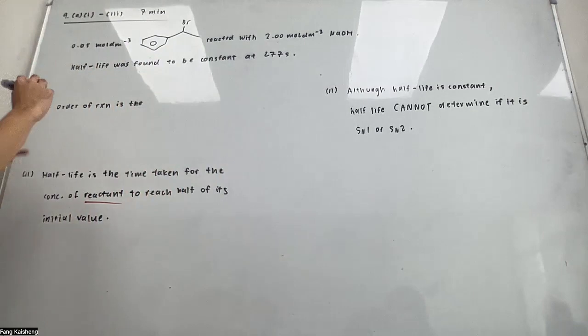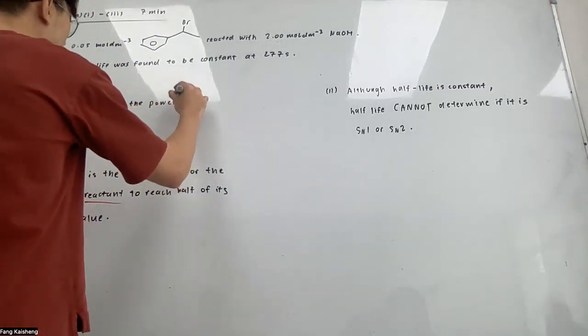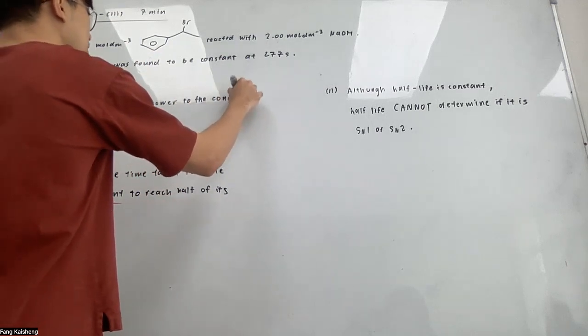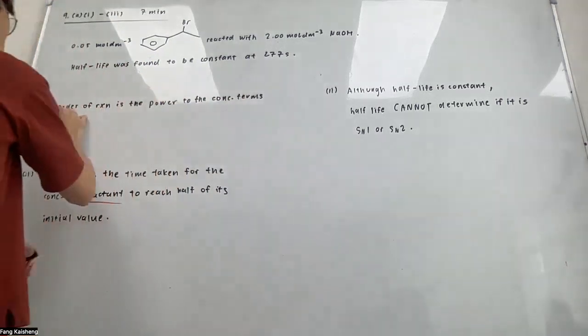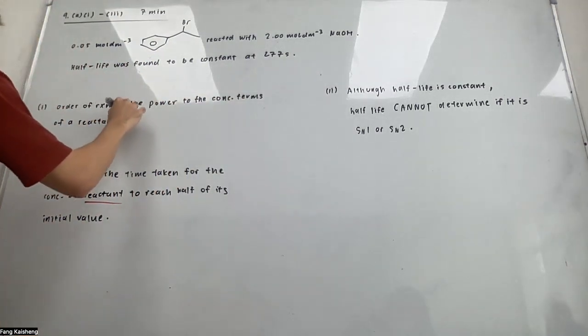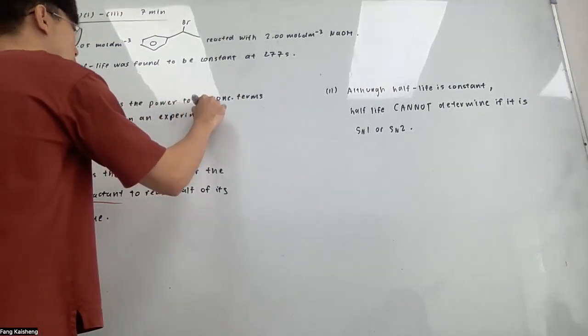Okay, it's the power. Don't write coefficient, that's wrong. So honestly, the definition is just this: the order of reaction is the power to the concentration term of a reactant in an experimentally determined rate equation. That's it.